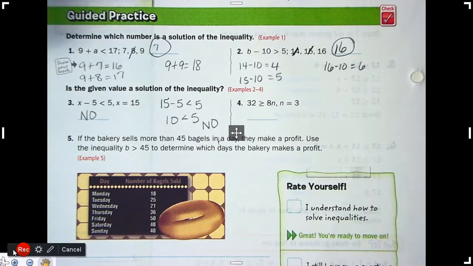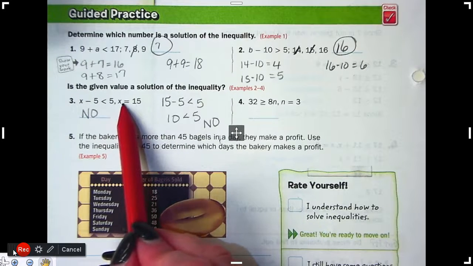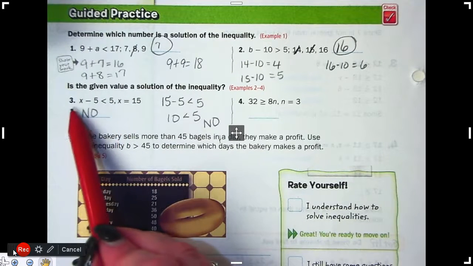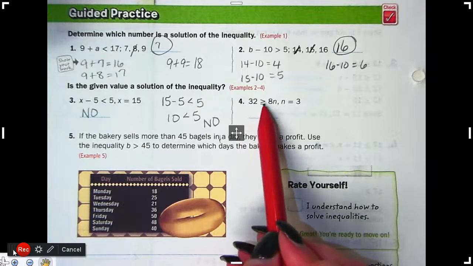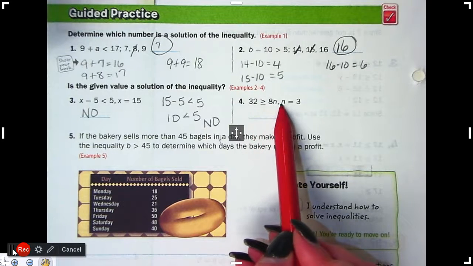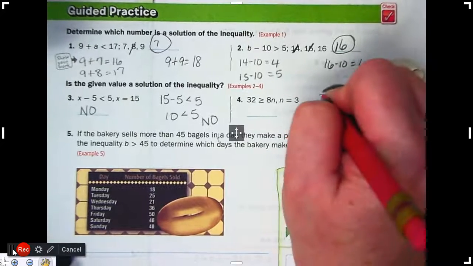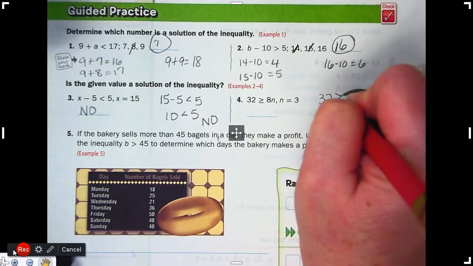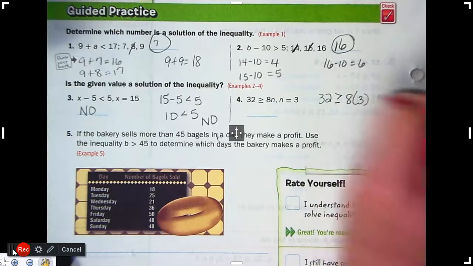All right, so do you see what we did? We used substitution, just like we did earlier in our algebra unit. If n equals 3, is this a true statement? So 32 is greater than or equal to 8 times n. So let's use substitution. 32 is greater than or equal to 8 times 3.